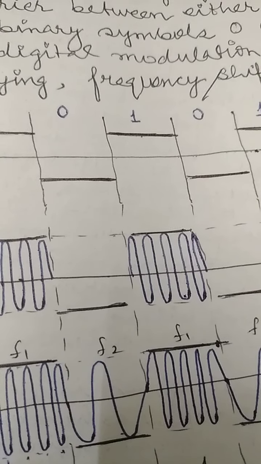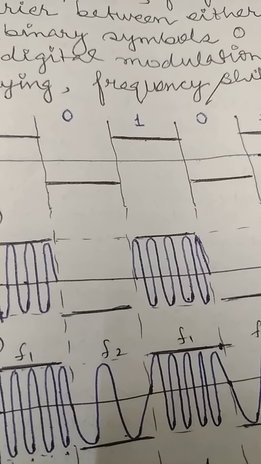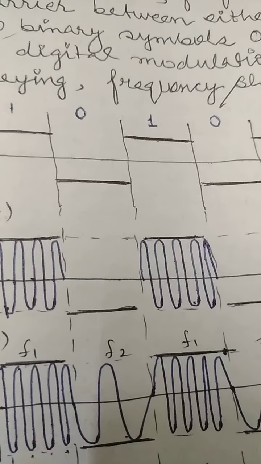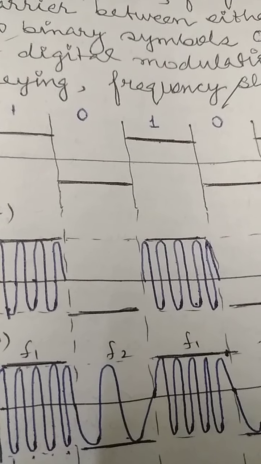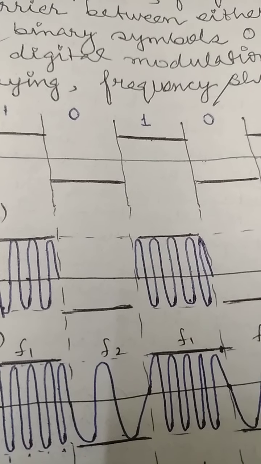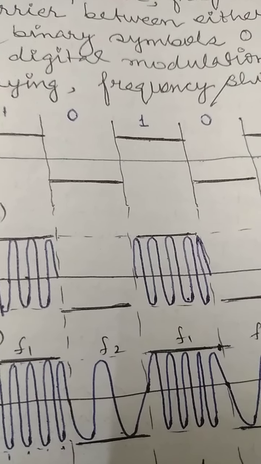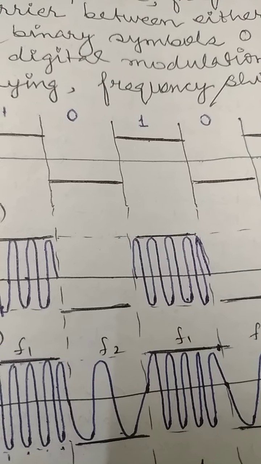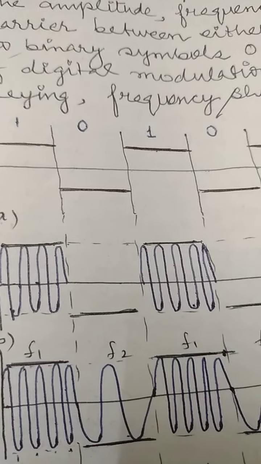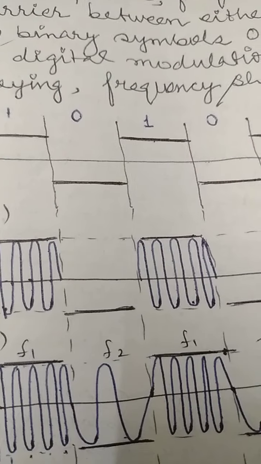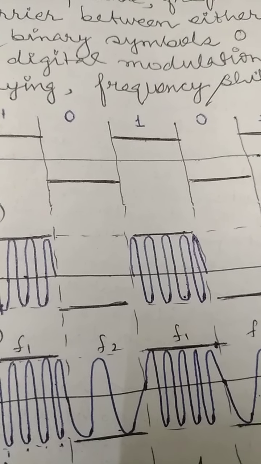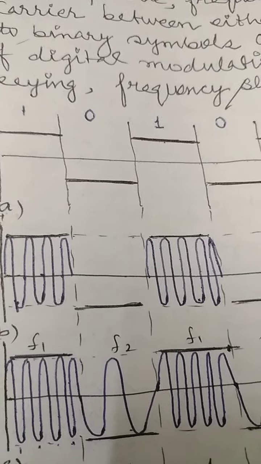Then how to convert them, and what schemes we have to use for indicating logic 1 and logic 0? All those schemes applied for the representation of logic 0s and logic 1s are termed digital modulation schemes. So here we'll see with an example, unit 5 question number 1.